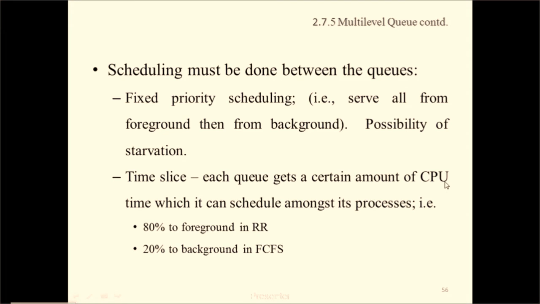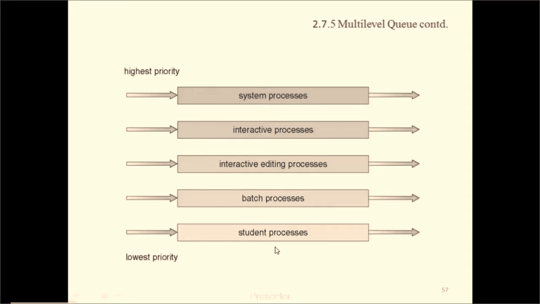Each queue gets a certain amount of CPU time which it can schedule amongst its processes. Usually 80% of CPU time is allocated to the foreground processes in round robin, and 20% of CPU time is allocated to background processes, which are scheduled according to the first come first served algorithm.